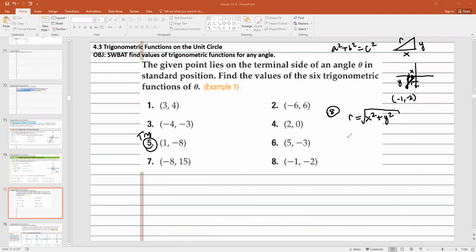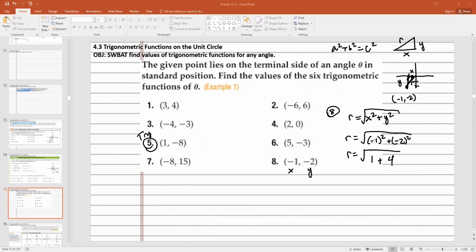So here, you just plug that in. r equals the square root of -1 squared plus -2 squared. -1 squared is 1, -2 squared is 4.